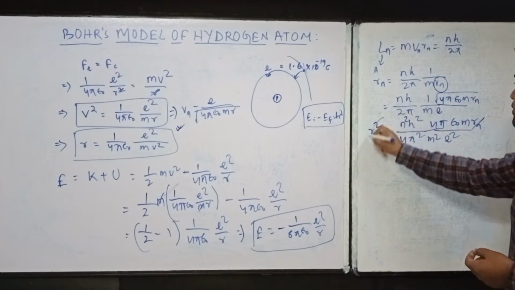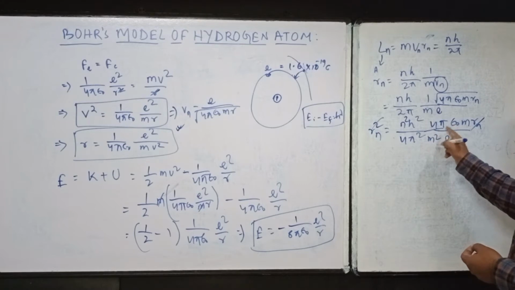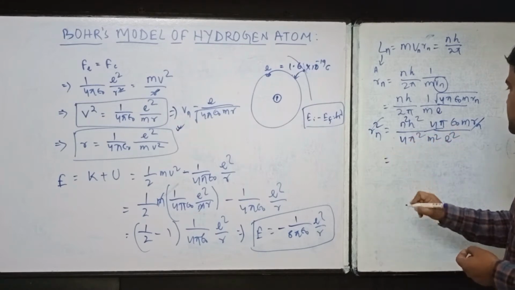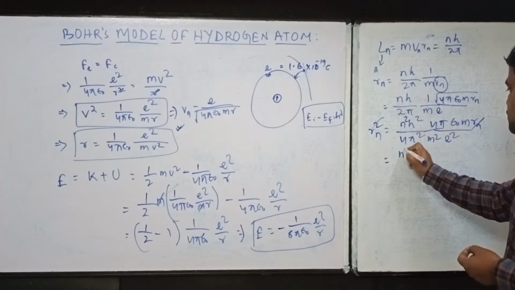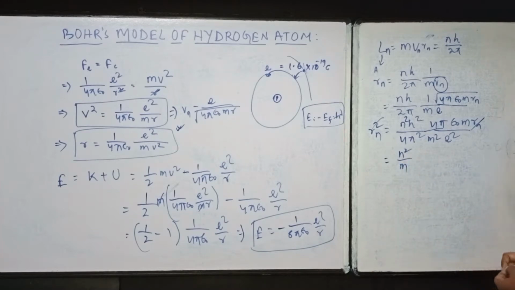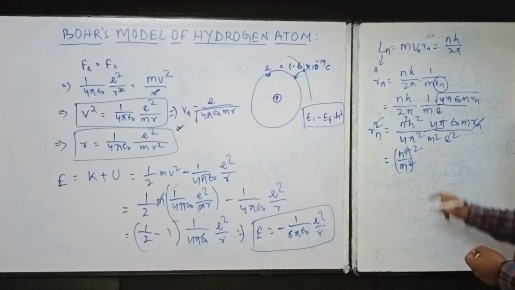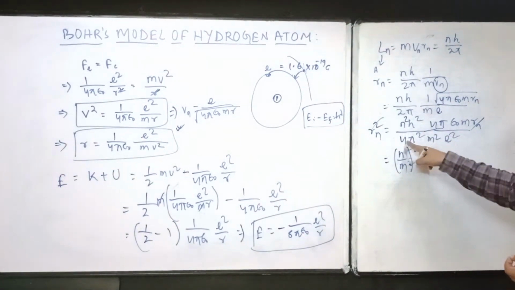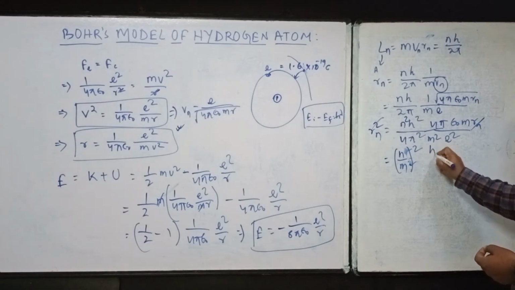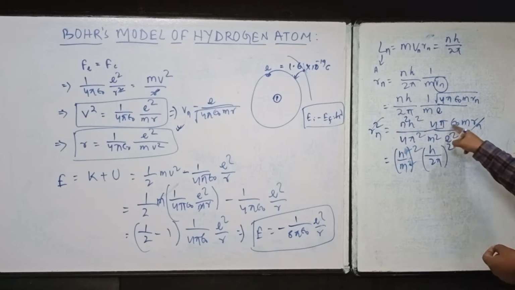So Rn will basically cancel out, and you will finally get something like n square by m square, or n by m whole square, and h by 2 pi, that is h cut, h is the Planck's constant, whole square, and 4 pi epsilon naught.